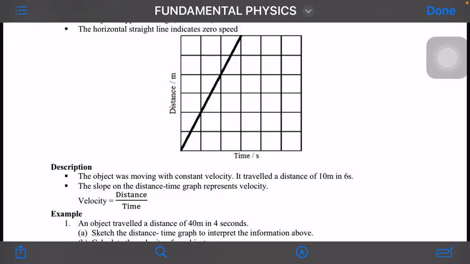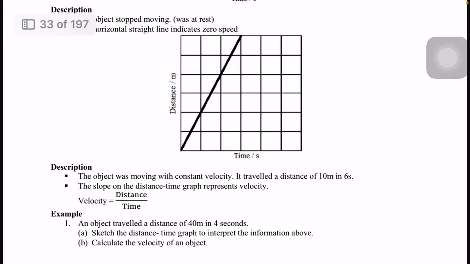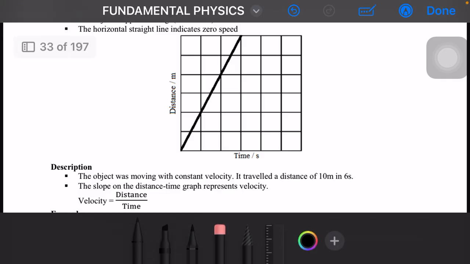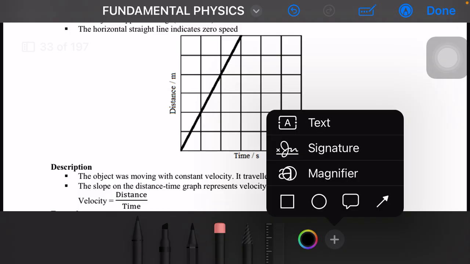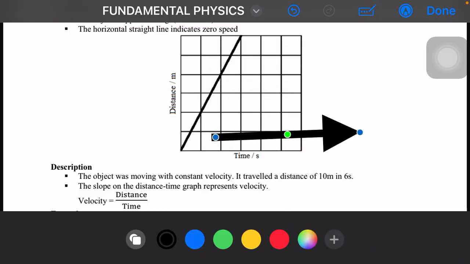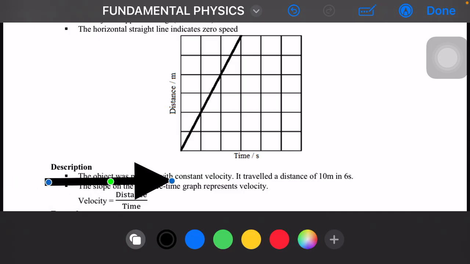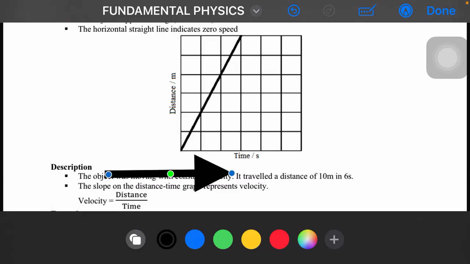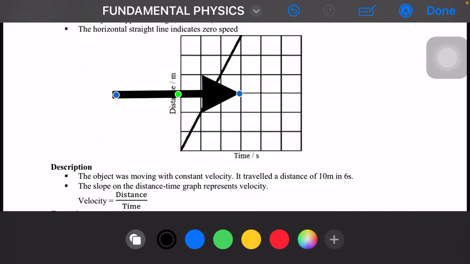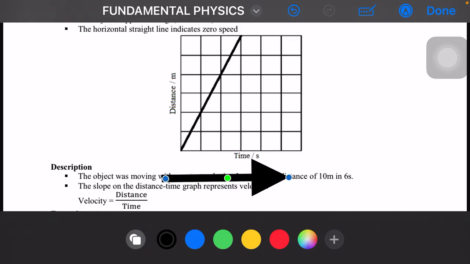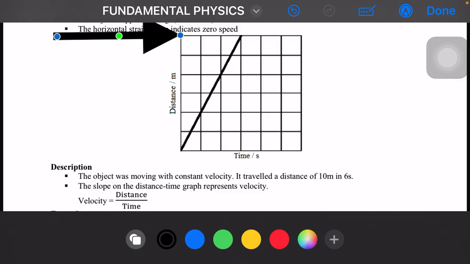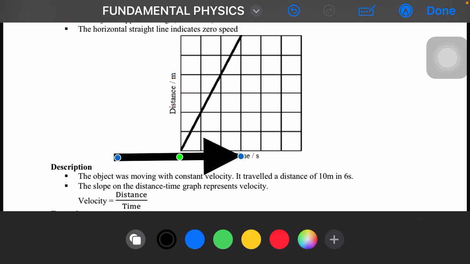So okay, let's look at this one. Here, each time you see a graph which is looking like this, it simply means that the object was moving with constant velocity. It traveled a distance of 10 meters in 6 seconds. Not exactly, these figures are not always given. There was a mistake here. I was supposed to give figures here. Meters is supposed to be 10 here, then time is supposed to be 60 here.